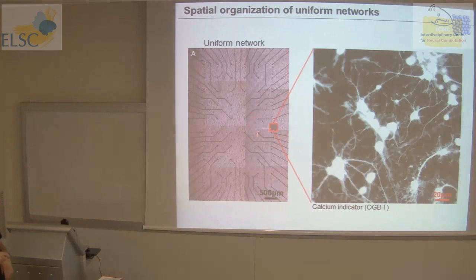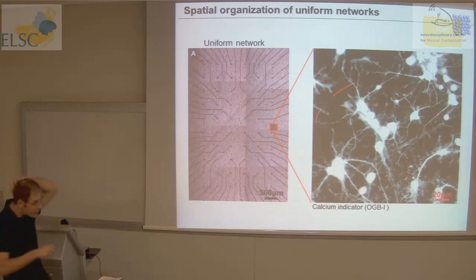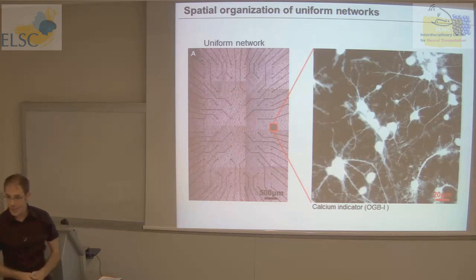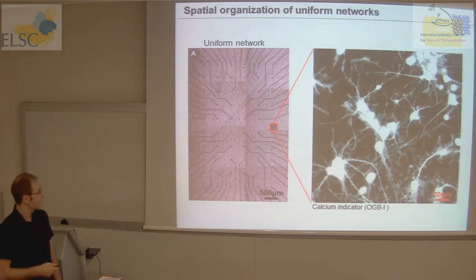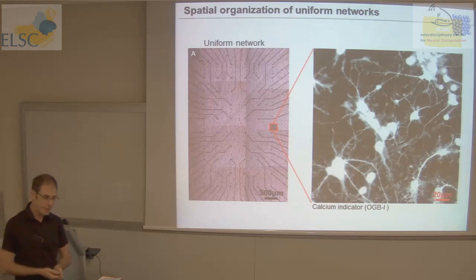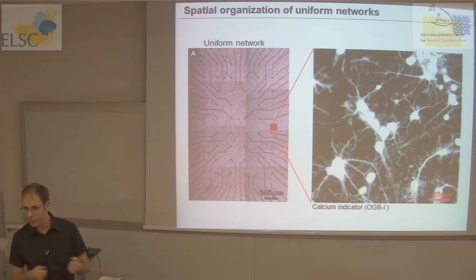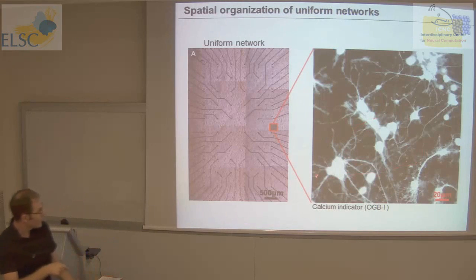Now, if we look at a small section of the network, imaged with a calcium indicator, you can see that the connectivity is very intricate. If your aim is to study the relation between the activity and the connectivity, it's very hard to do in those kinds of cultures, because saying who is connected to whom is very problematic here.